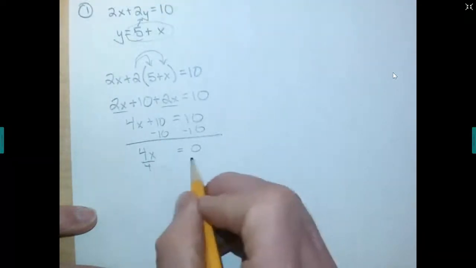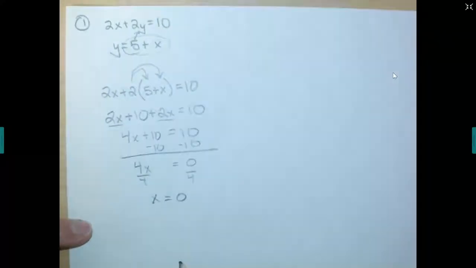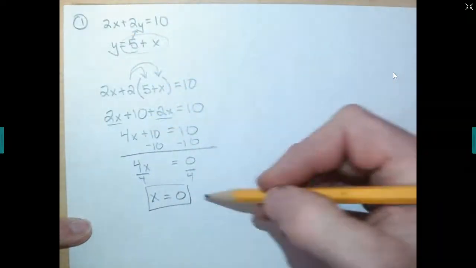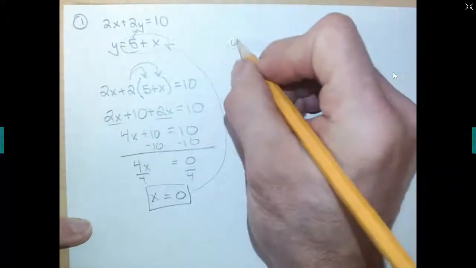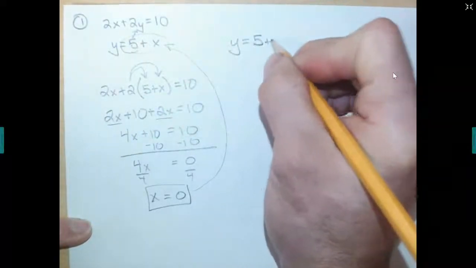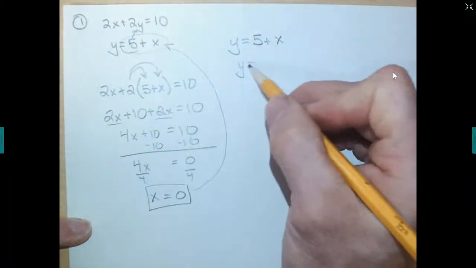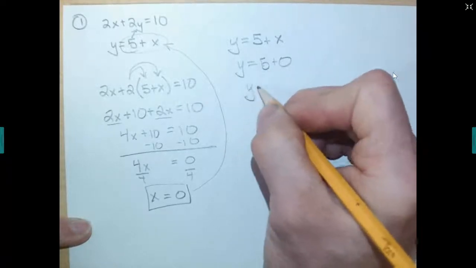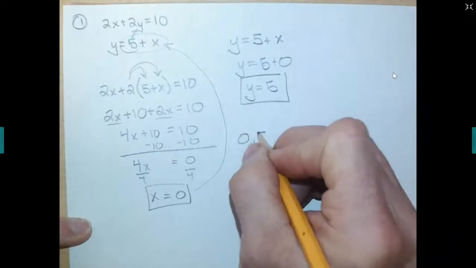Divide by 4, x equals 0. Now I plug this back into either one of these equations. I think it might be easier to plug it into this equation, y equals 5 plus x. If I plug in my 0 for x, y equals 5 plus 0, y equals 5. So my answer is (0, 5).